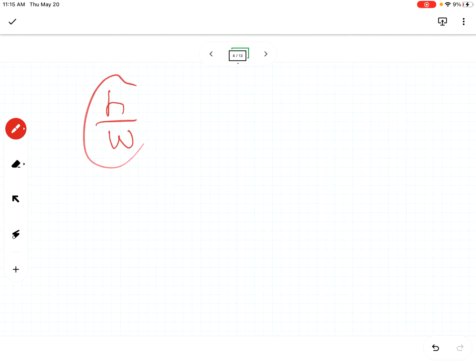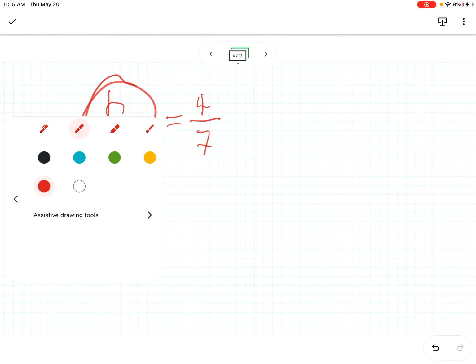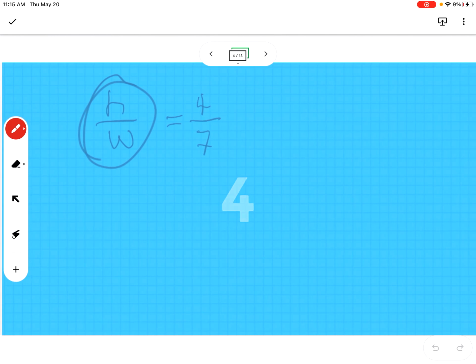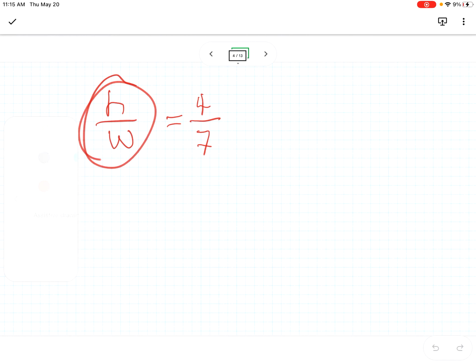I like to write this down first because it reminds me of the order that I'm using in the ratios. I'm using a comparison of a height of 4 compared to a width of 7. And remember that situation B, I chose to use green for that. If you want to use different colors to help them stay apart, that's great too. 8 compared to I don't know.